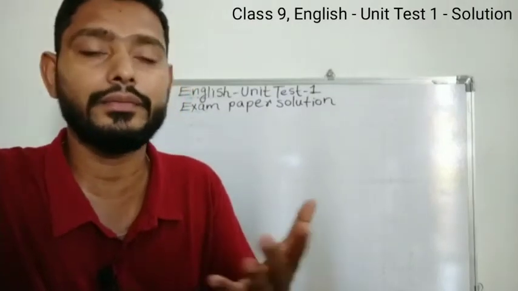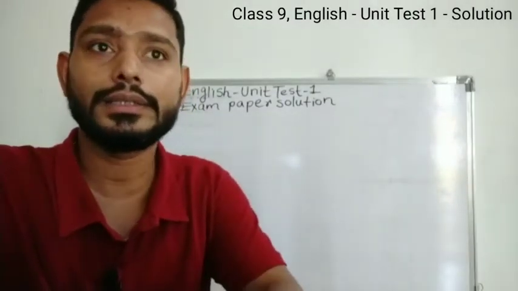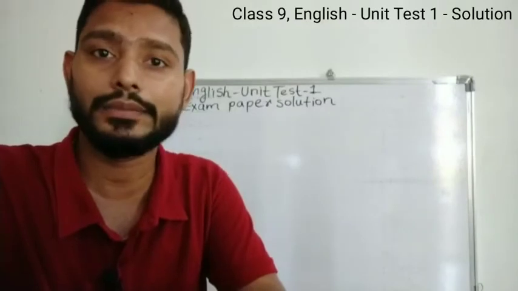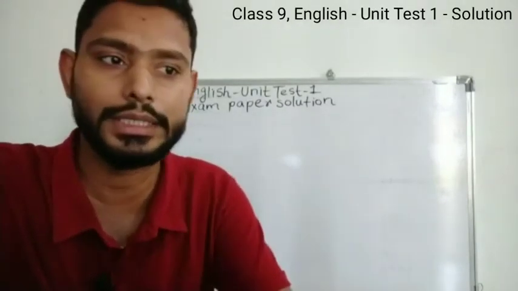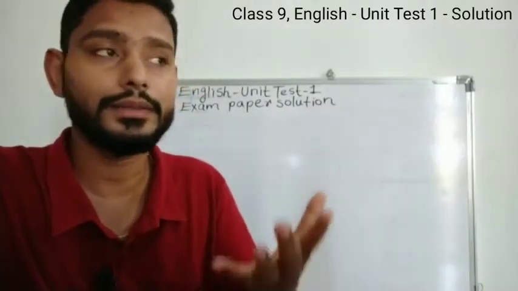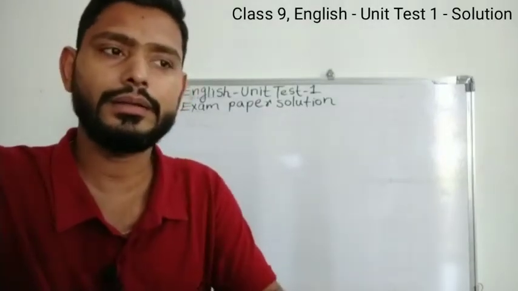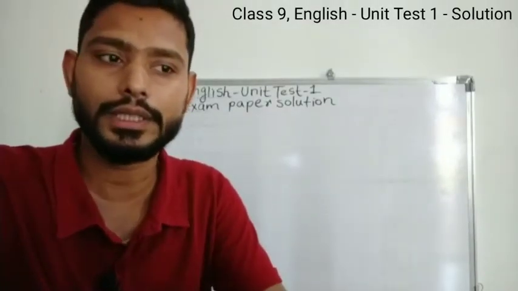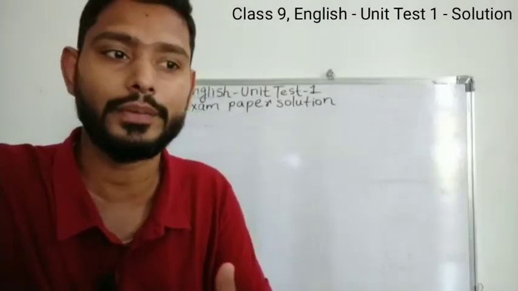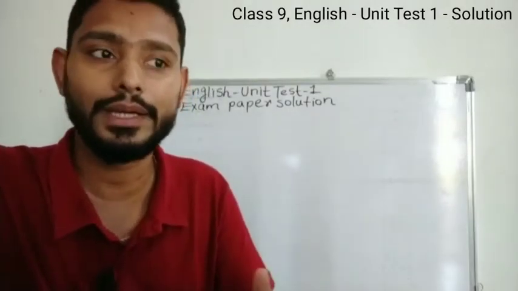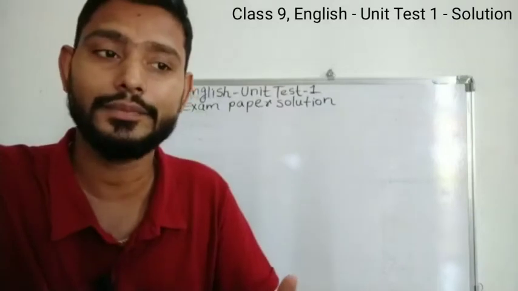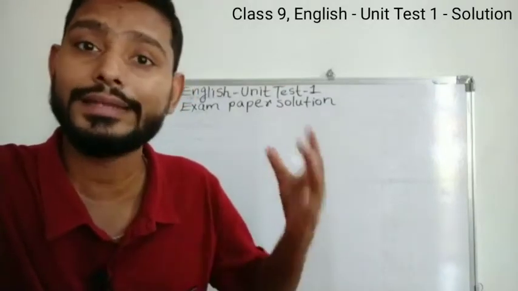But here I have not asked a single question regarding literature, because I did not give much importance to literature at first. There are many stories and poems in our textbook, and everything is important, but I have not taken them because I just want to test your capability and ability, how far you are able to make sentences and how far you are able to understand what I teach here, okay?